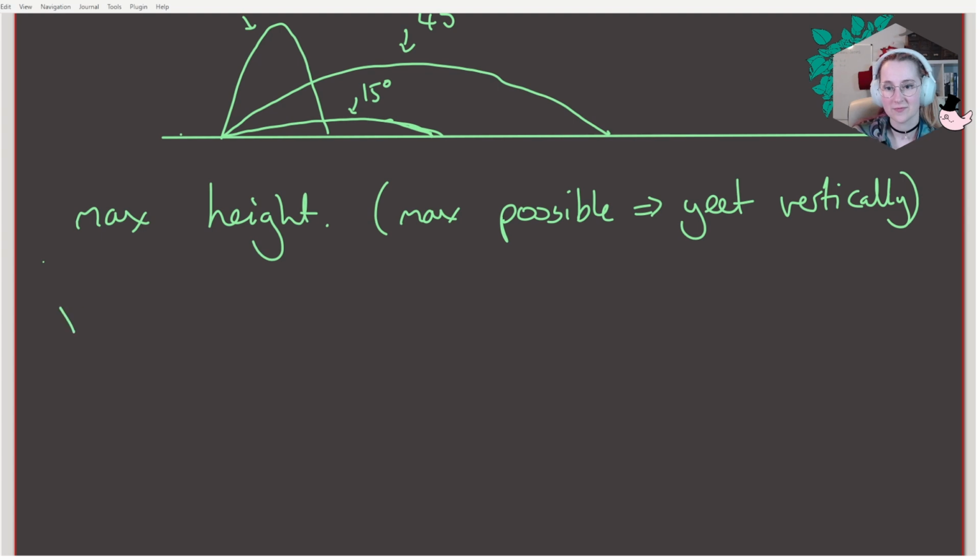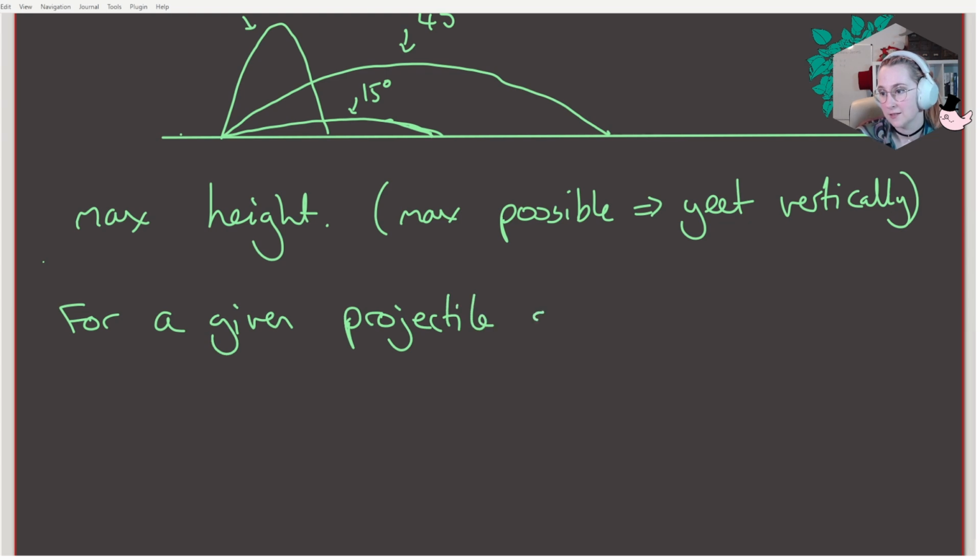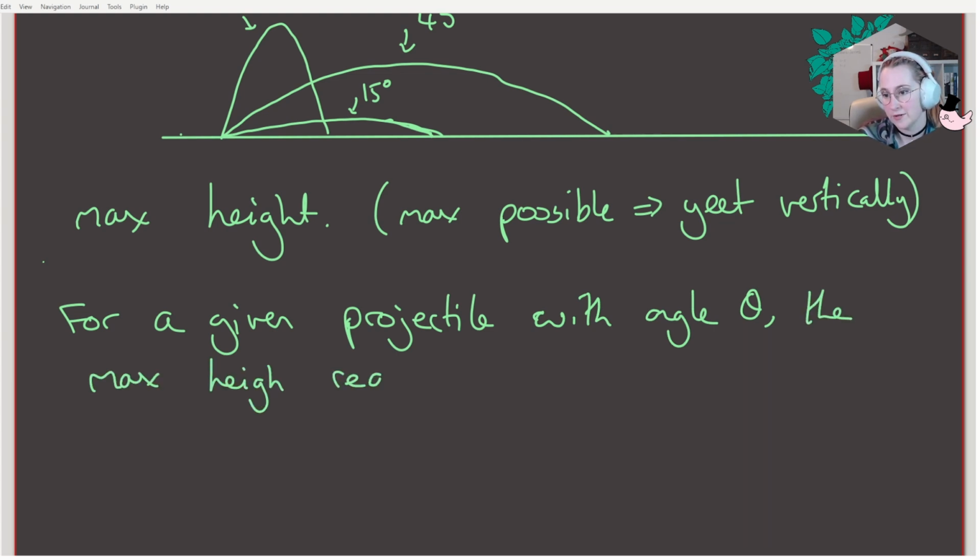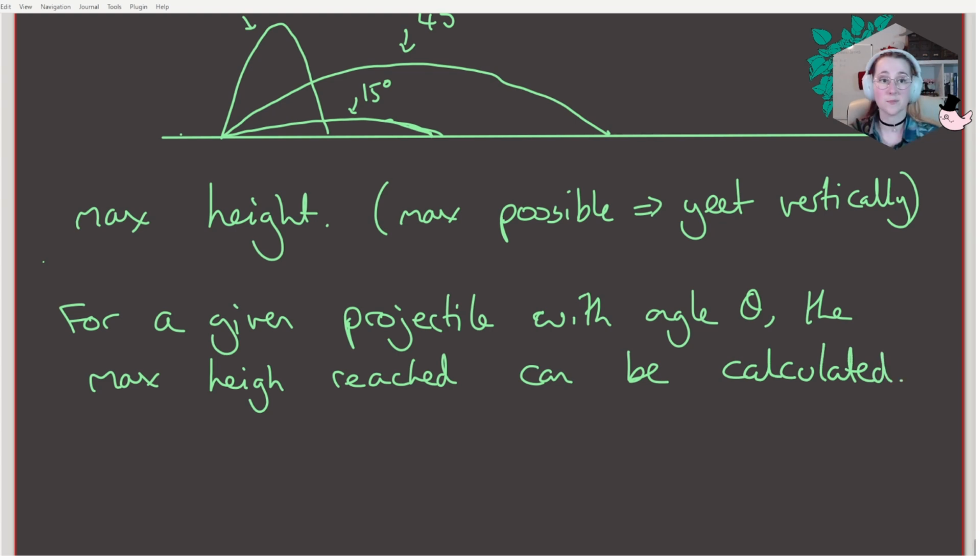But for a given projectile with angle theta, the max height reached can be calculated. And this is because of the velocity at this point, if we go back to my questionable parabolic drawings.